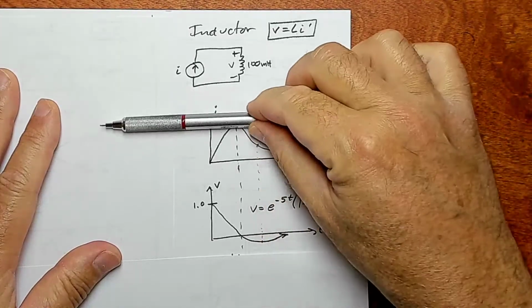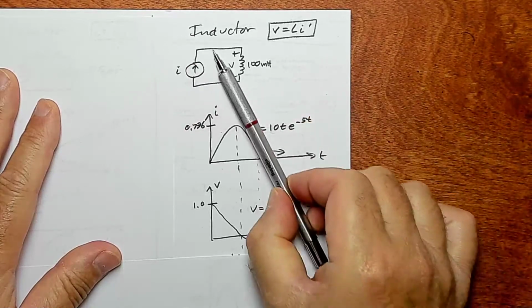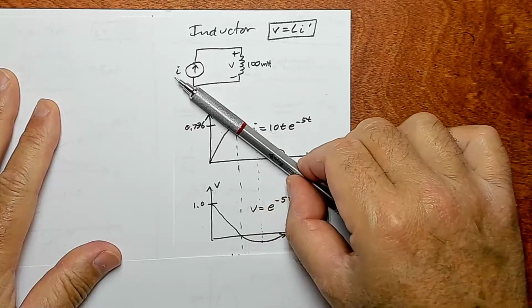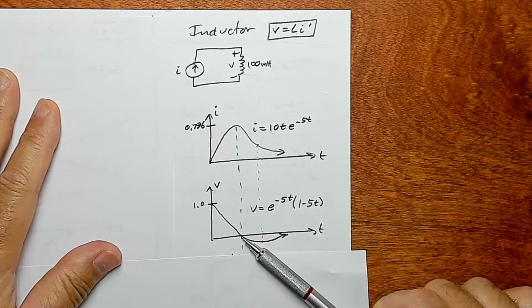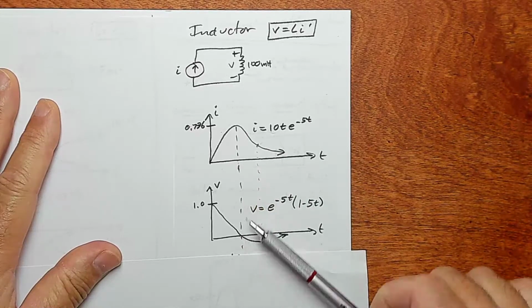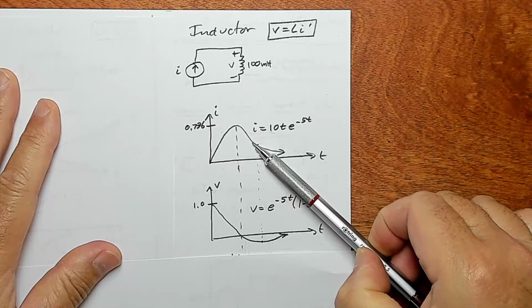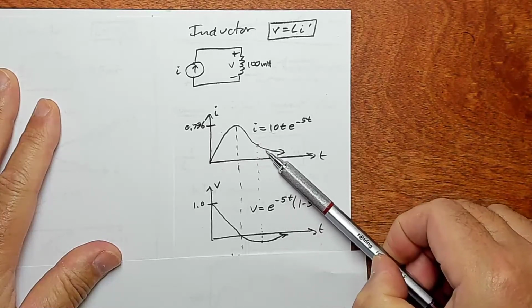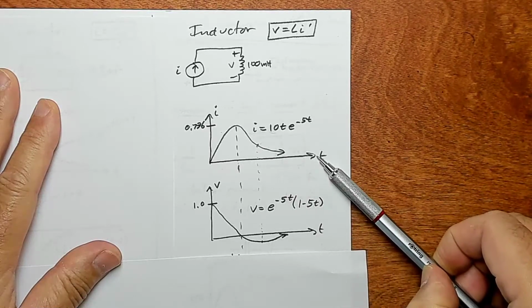The slope is negative and getting more negative until it reaches this inflection point where it starts getting bigger. So the voltage will go negative here and get more negative, and then reach a maximum negativity, and then start to become less negative, and eventually it'll go to 0.